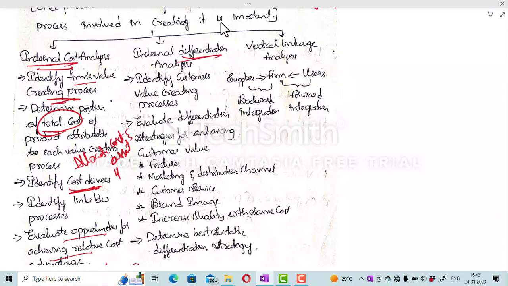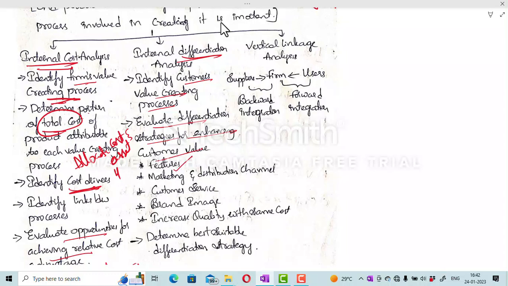Here we identify the customer value creating processes, like which process is giving more customer satisfaction, whether it is after sales service, high quality products or warranty schemes. Whatever it is giving, we should find out, and evaluate the differentiation strategies for enhancing the customer value.